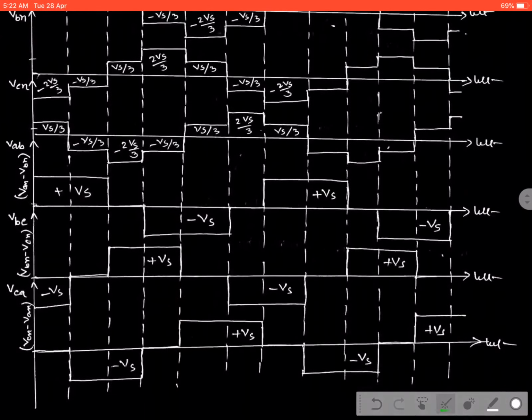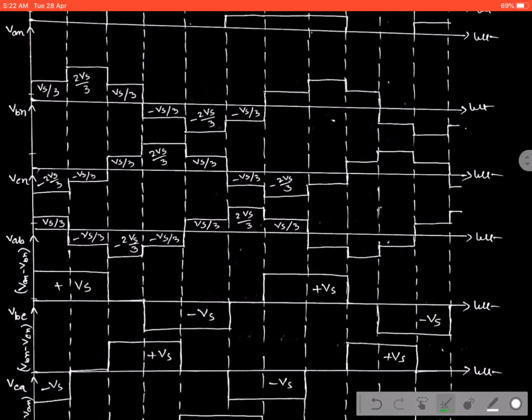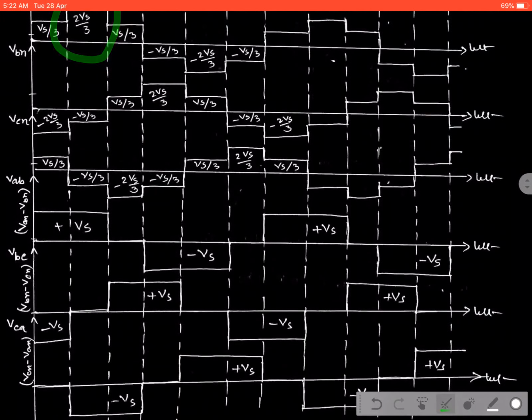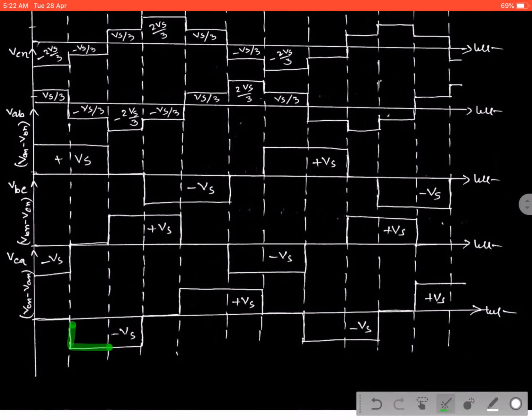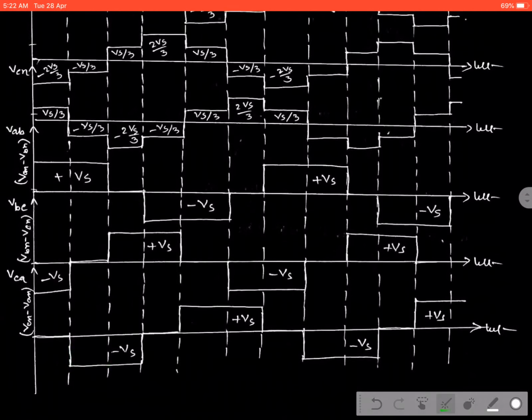Okay. Now see the waveform, the difference is 0. A similar thing happens for the next case, that is minus Vs by 3 minus 2 Vs by 3. That will give you minus Vs. So in this way again we can form all the other pulses for the voltage VCA, that is the difference between VCN and VAN.